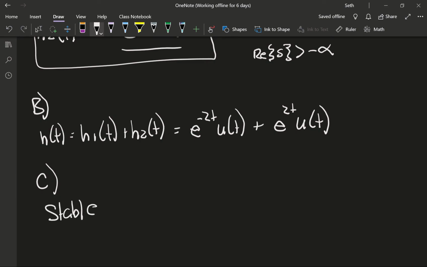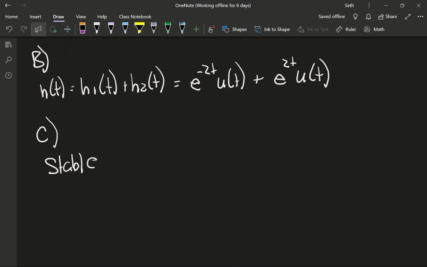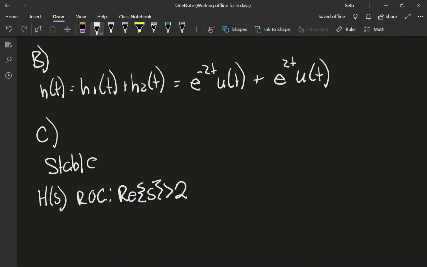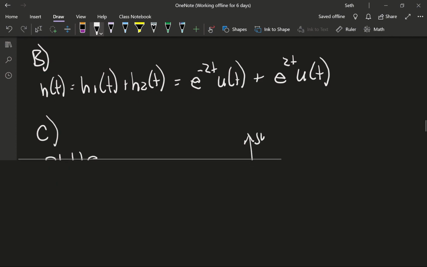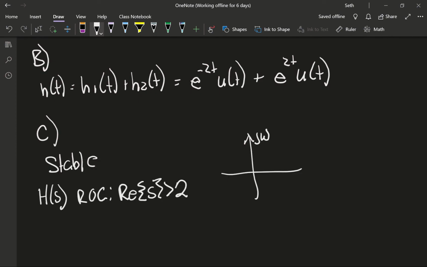So now it asks us to determine if the system is stable. We can say that the region of convergence for h of s was for the real part of s greater than 2, so in order for it to be stable, it has to include the j omega axis right here.